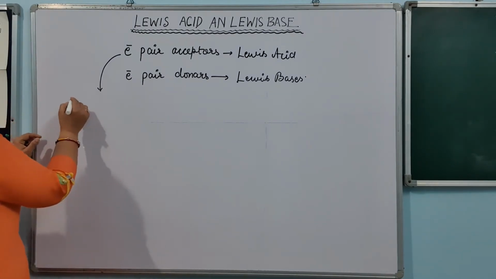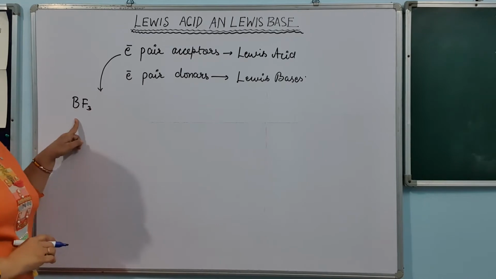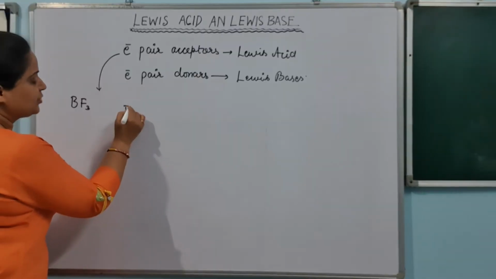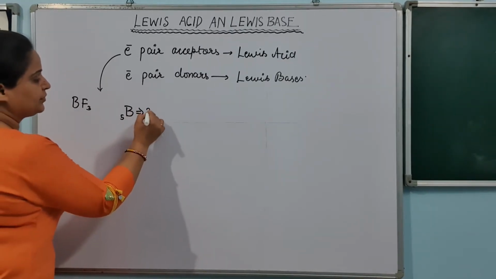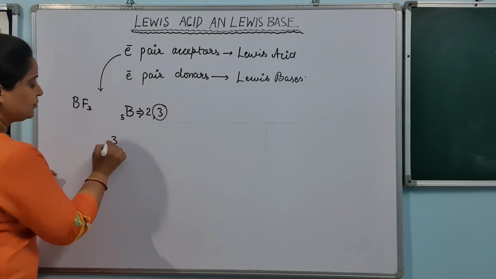Why some of the species accept electrons? Let us take an example of BF3. It is a Lewis acid. Why am I calling this a Lewis acid? Let's understand its structure. Boron is B5, and its configuration is 2, 3, so there are 3 electrons.